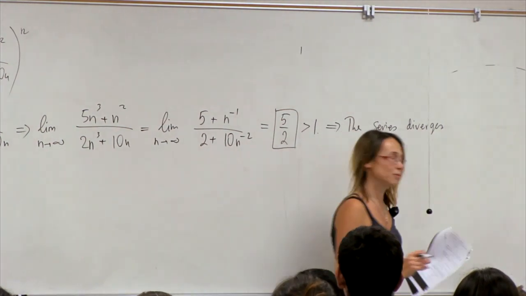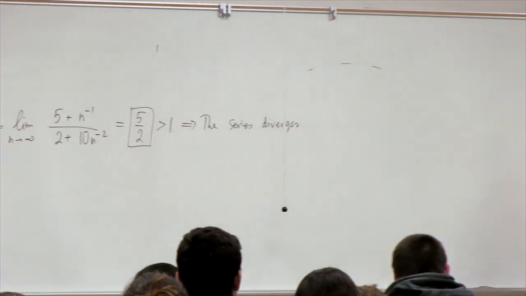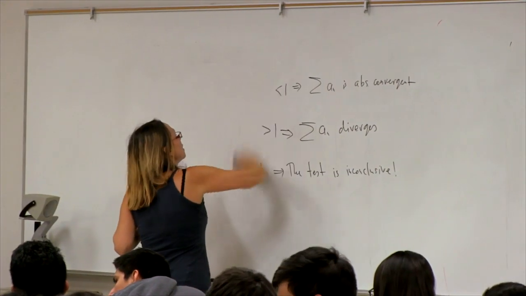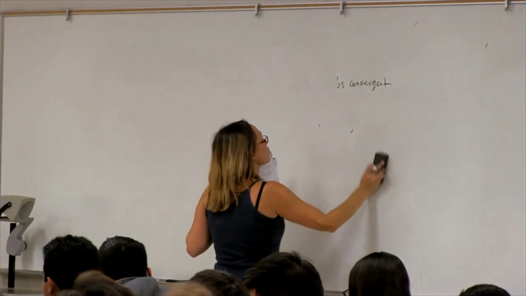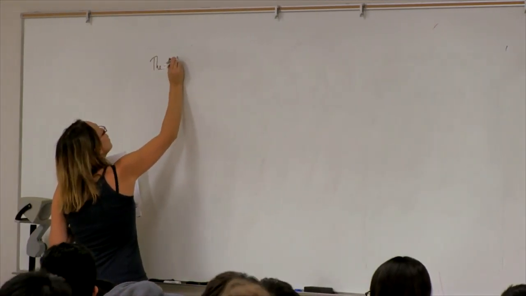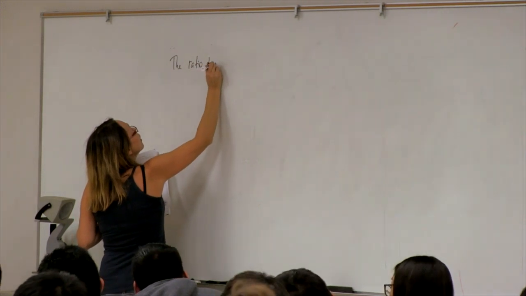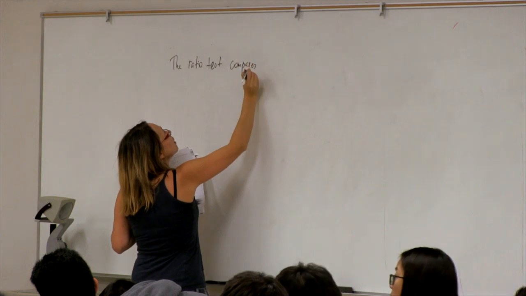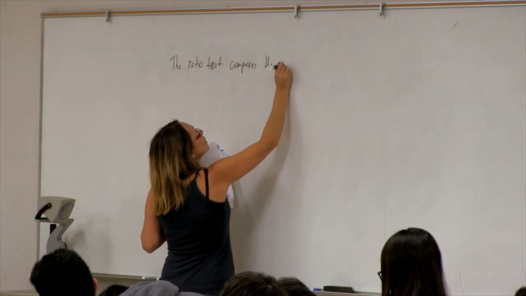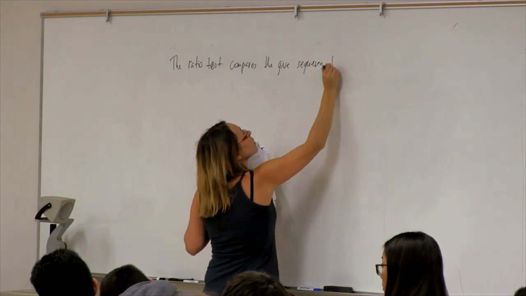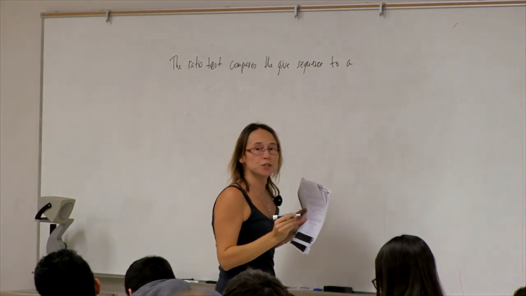Now a very good question is why this works, right? I want to talk about the ratio test because it's more intuitive. The ratio test compares the given sequence to a geometric sequence.